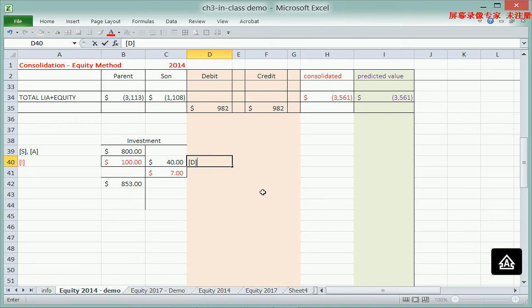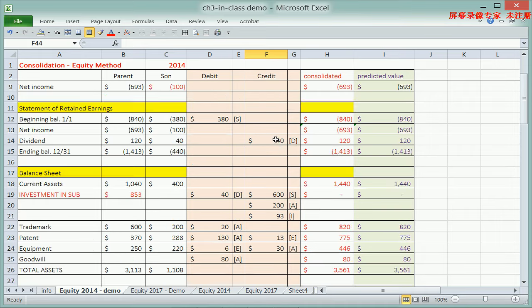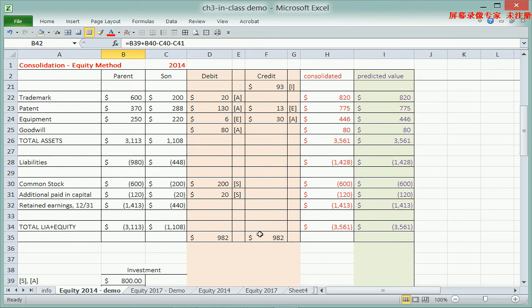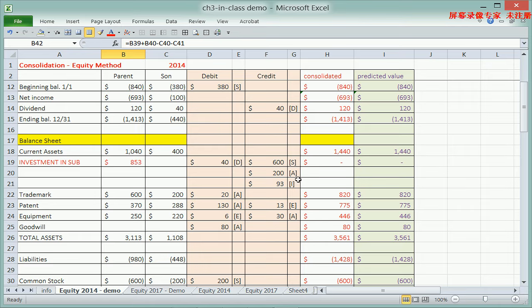If you think about it, it's here. We debit investment 40, just to eliminate this credit side of 40, and this 93 we credit, to eliminate the debit side of 93 of the investment. That's why S, A, I, and D added up would eliminate 853,000 of the investment of 2014.